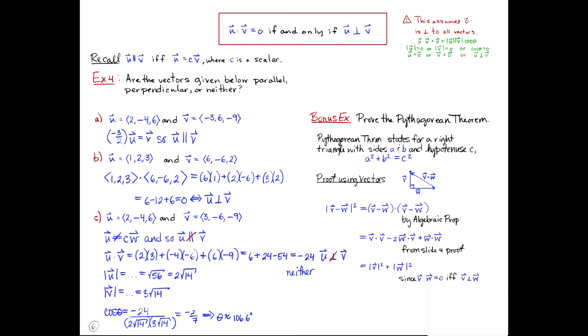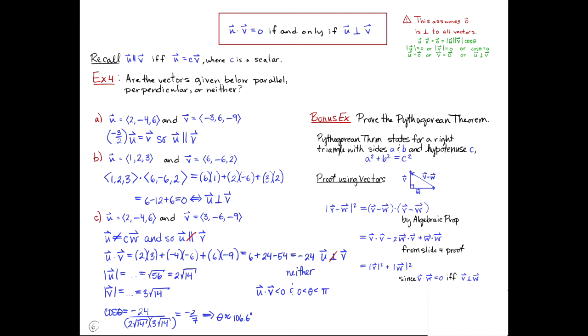If we solved for theta, we would find that theta is approximately 106.6 degrees. Notice that since the magnitudes of u and v are always going to be positive, the only thing that will make cosine theta equal to a negative value is if the dot product u dot v is less than 0. When we defined the angle between two vectors using the dot product, we had that restriction that theta was between 0 and pi.